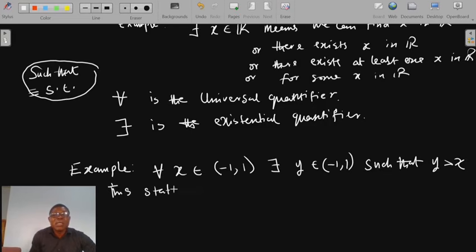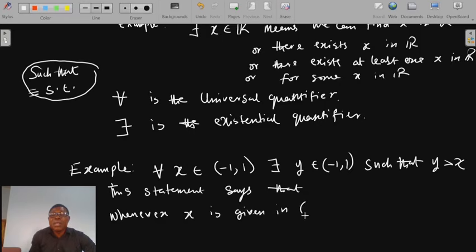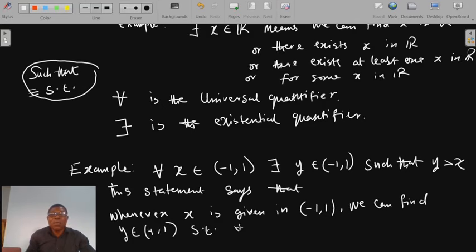What this statement is telling us, let me put it literally, is that whenever x is given in the interval (-1, 1), we can find y in the same interval (-1, 1), such that y is bigger than x.